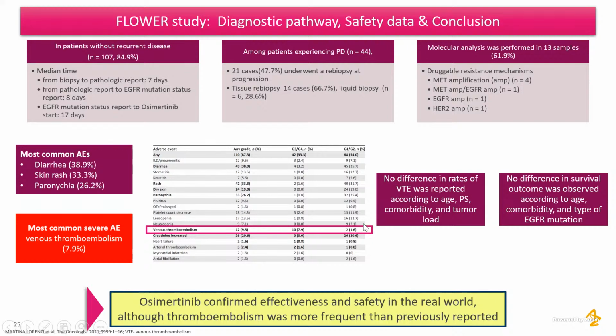No difference in cases of VTE was reported according to age, PS, comorbidity, and tumor load. And no difference in survival outcome was observed according to age, comorbidity, and type of EGFR mutation. So these data suggest that osimertinib confirmed effectiveness and safety in the real world. And although thromboembolism was more frequent than previously reported, you have to be alert when you see any signs and symptoms of venous thromboembolism.